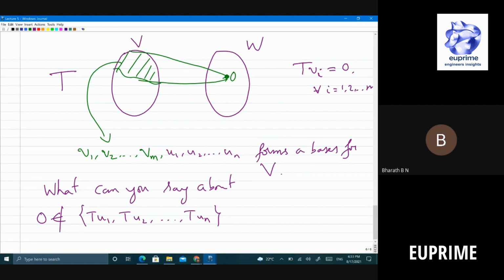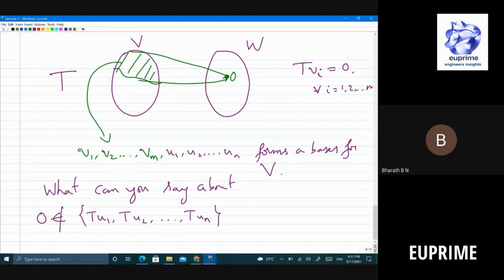Can you think of something? The moment you see a bunch of vectors, what is the first question that you can ask? What are the things that we have studied so far as far as vectors are concerned? Don't hesitate. Even if it's wrong, it's okay.